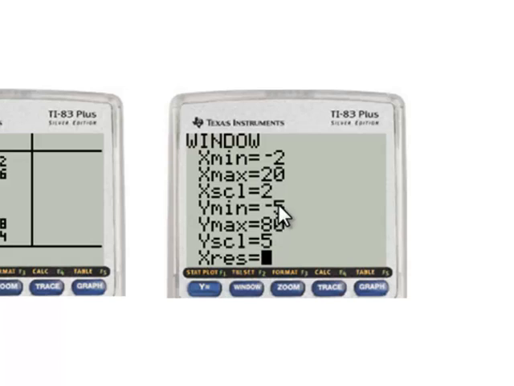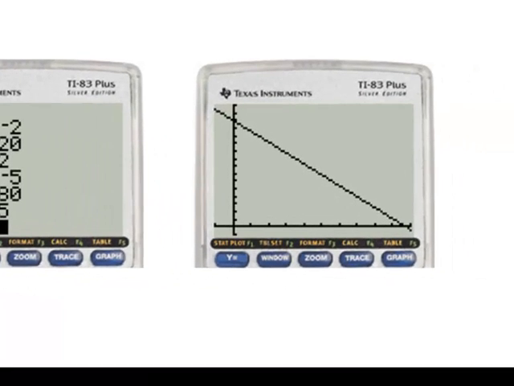Since this spans 85, I'm going to count by 5. I hit graph, and I can see both the y-intercept and the x-intercept. Whenever you're graphing a linear function, you always like to see both intercepts if possible.